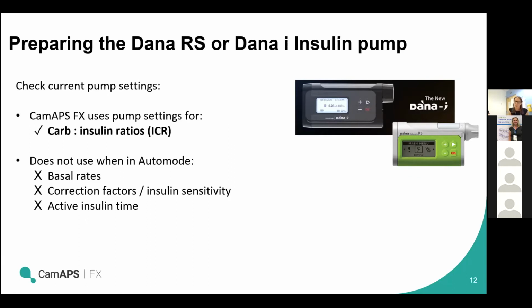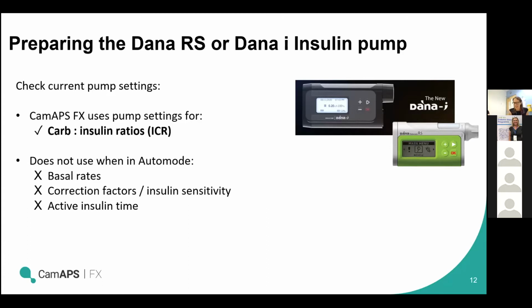In terms of when people are in auto mode, which settings are really used by the app, it's actually just the insulin to carbohydrate ratio. So the app just reads the settings from the pump, and the only one it reads is the insulin to carbohydrate ratio.